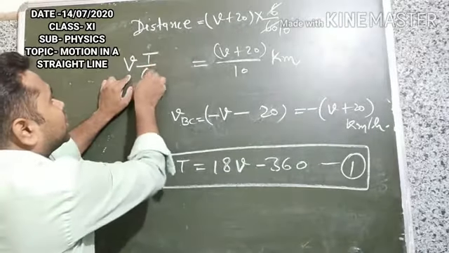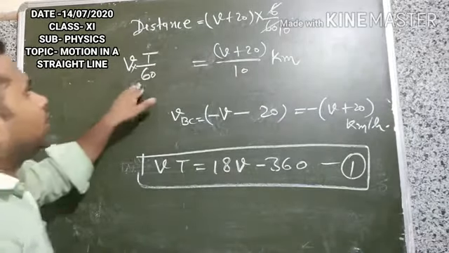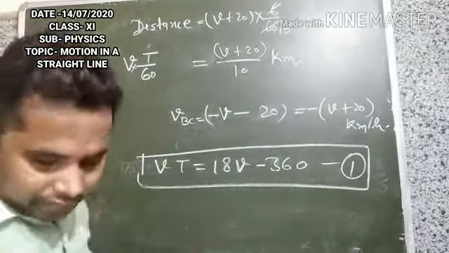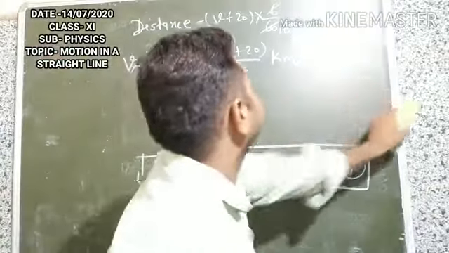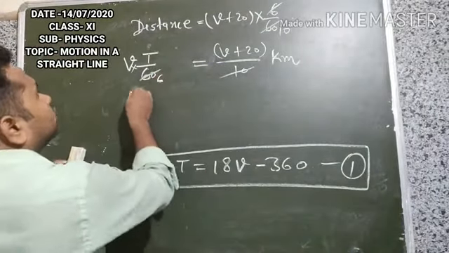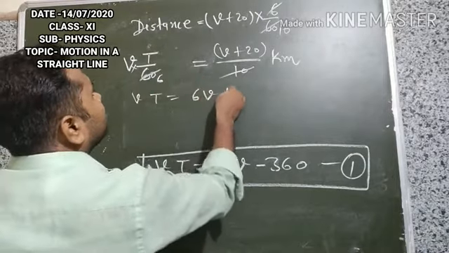T minutes converted into hours is t by 60. So equating these two again, we will get one more relation between V and t. See here how. 10 divides 6 times. So finally Vt equals 6 multiplied by (6V plus 120).